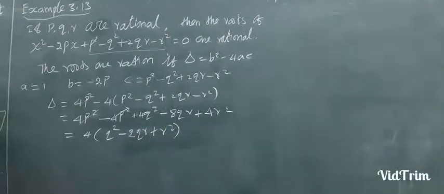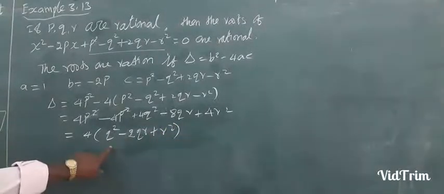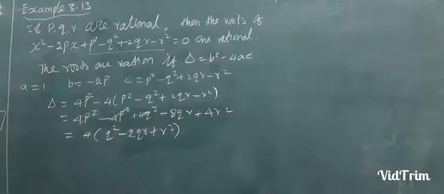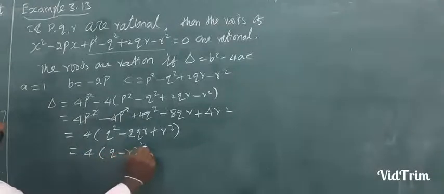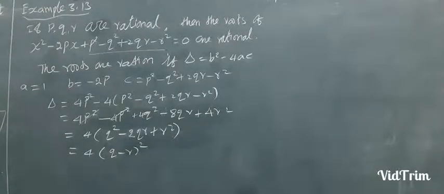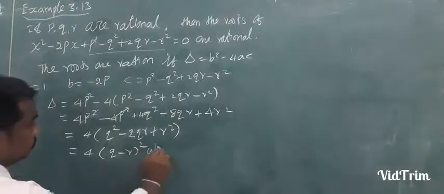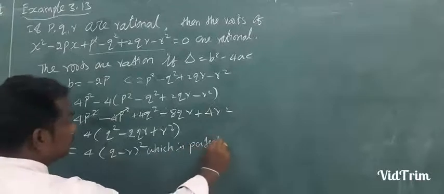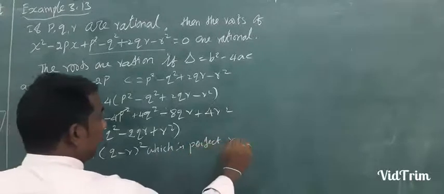Can you guess what formula this is? a square minus 2ab plus b square. So we write q minus r the whole square. So that is a perfect square, so that is a rational number. You will write that it is a perfect square.